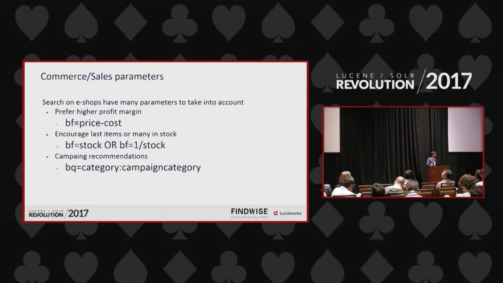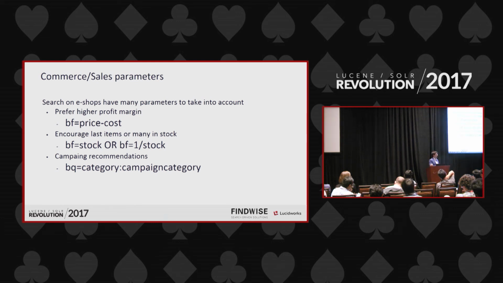When it comes to e-commerce or selling information, or a catalog, we can just use all the information that we have in our catalog to modify the relevance of the stuff. We can decide to boost things that have a higher profit margin, which is just comparing the price and the cost. We can also encourage things that are very low on stock, or things that we have a lot of in stock and we want to get rid of.